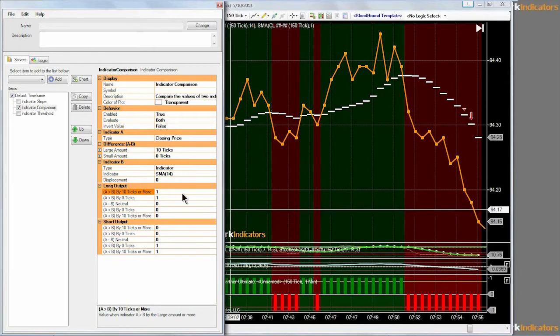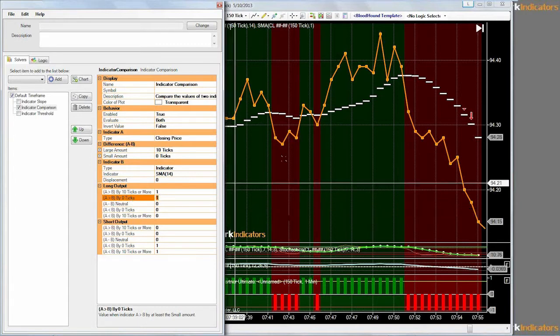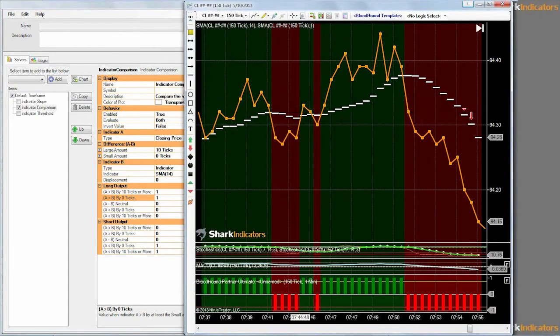Well, let's find out why that is. If we look at our output, when A, the closing price, is greater than B, the SMA, by 10 ticks, we want a 100% output. But also in this section down here, if the closing price is greater than the SMA by 0 ticks, we want a confidence of 100%, or an output of 1. So we still have by 0 ticks set to 1, and 0 ticks means any amount.